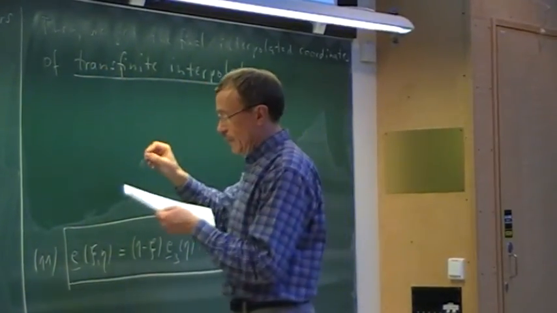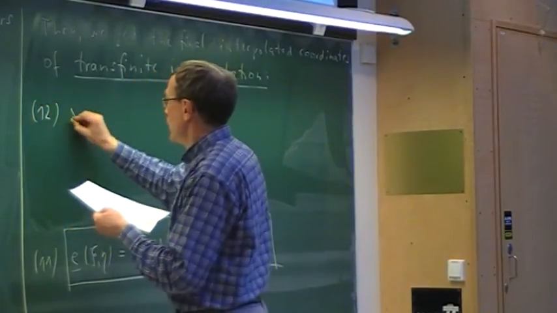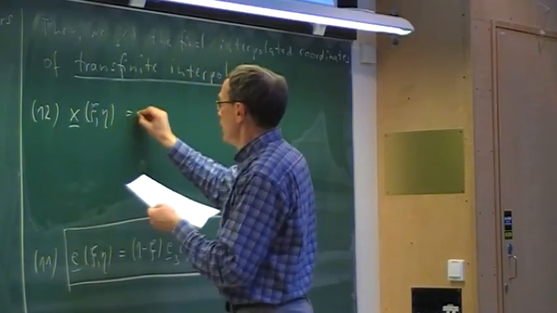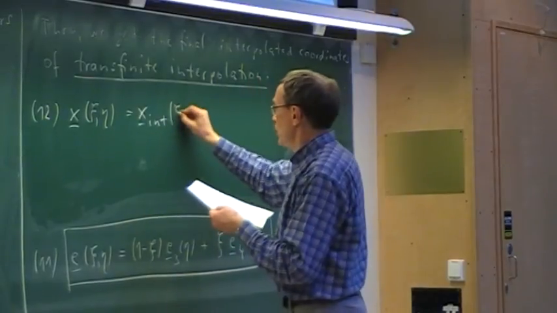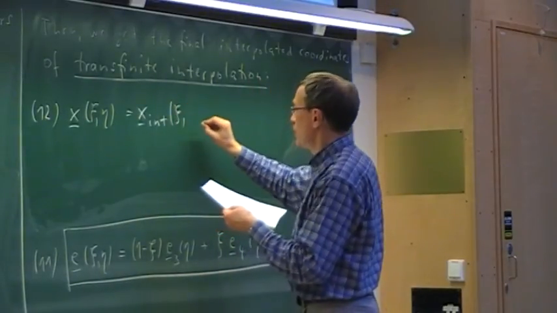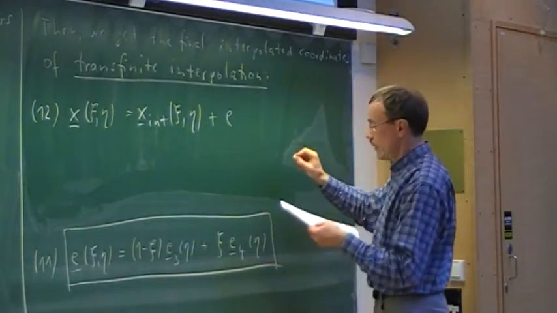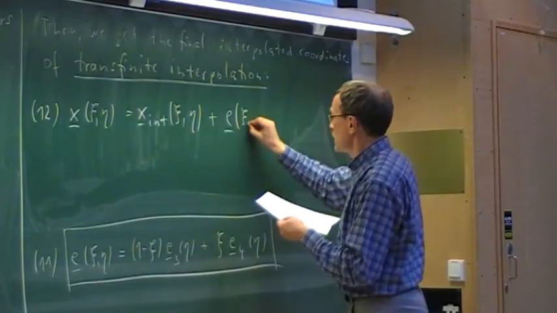That is then the following, equation 12: our coordinates are a function of psi and eta, and we take the interpolated coordinates first between bottom and top, and then we add the error where we have corrected such that the left and the right boundaries are correct.